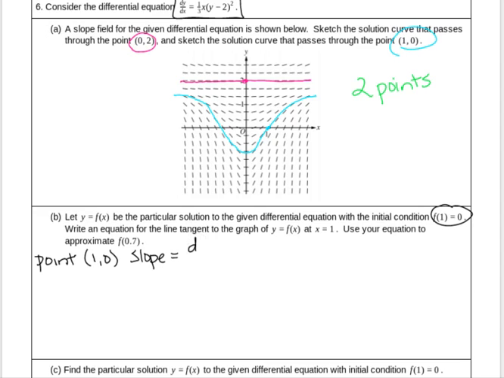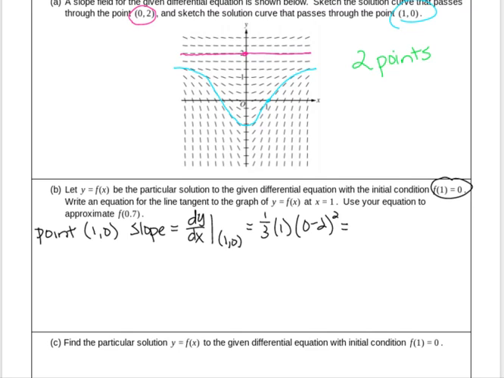So the slope is going to be dy/dx evaluated at the point (1, 0), which means just plug it in. So 1/3 times 1 times (0 minus 2) squared, and so we get 4/3.